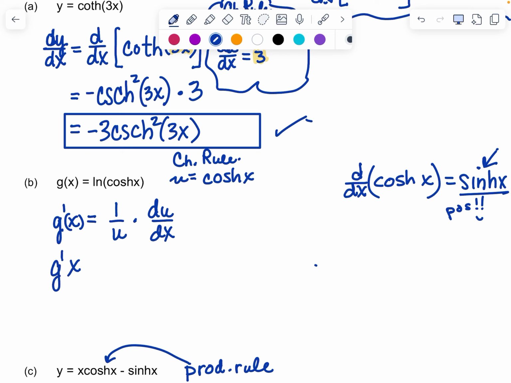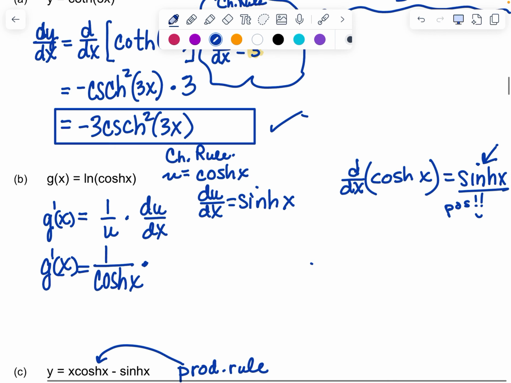So y prime is equal to 1 over u, just like the logarithm derivatives we've been working on, where u is the hyperbolic cosh. Now, the derivative of u, du/dx, is the sinh, right?